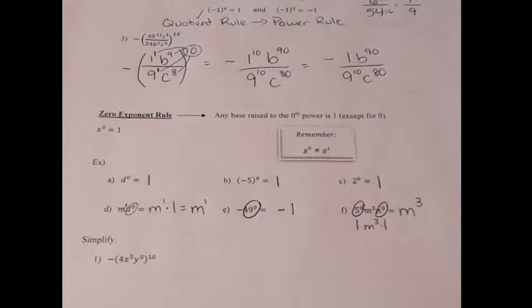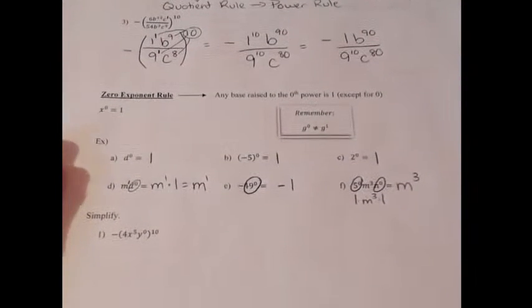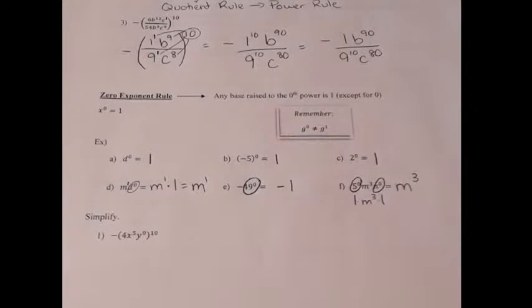Okay, so what we're going to do is combine rules for these examples. So take a look at problem number 1. It says simplify. And the problem reads negative, parentheses, 4x to the 5th, y to the 0th, raised to the 10th power.